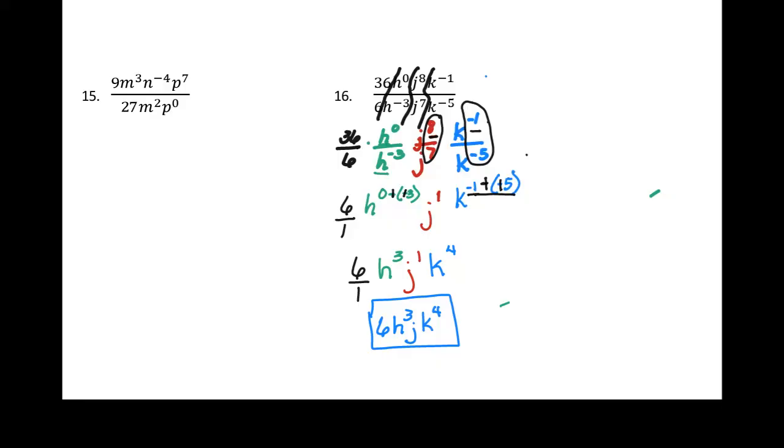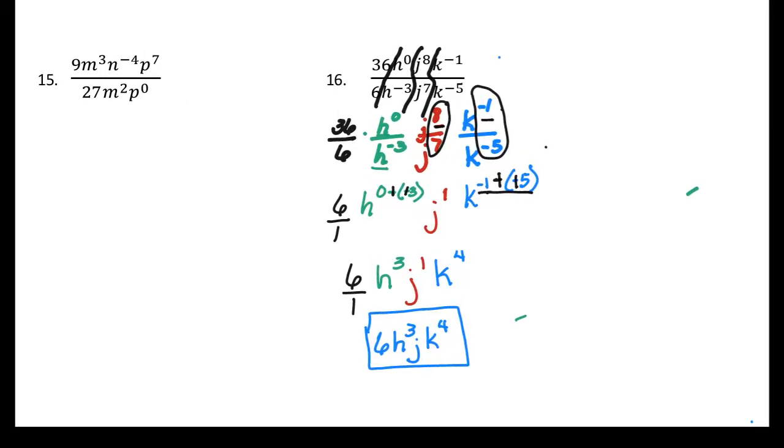Excellent question. She said, in case you didn't hear her, k to the negative 1st divided by k to the negative 5. You can either subtract, or since you know it is a negative, you could switch both of them, right? Because they're both negatives. So if you switch this to the bottom and switch this one to the top, you end up with k to the 5th divided by k to the 1st, right?